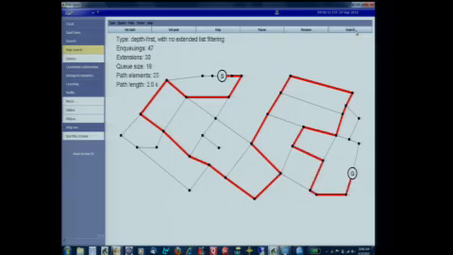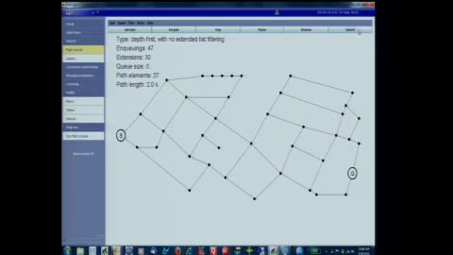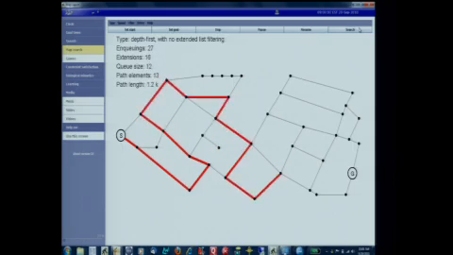Not too hot. Let's move the starting position over here. I've had cab drivers like this in New York. But it's not a very good path. It's the path of a thief.